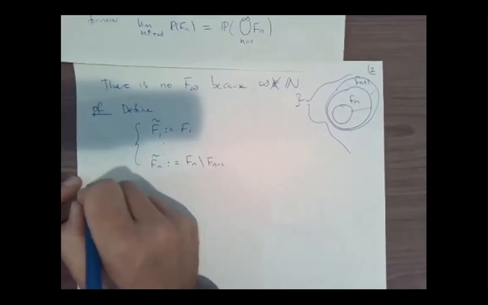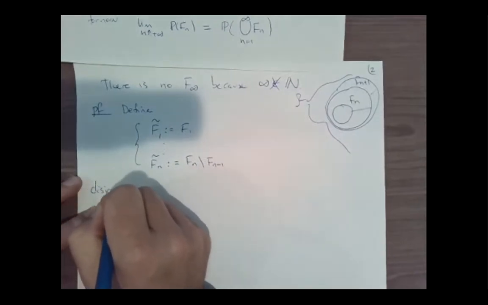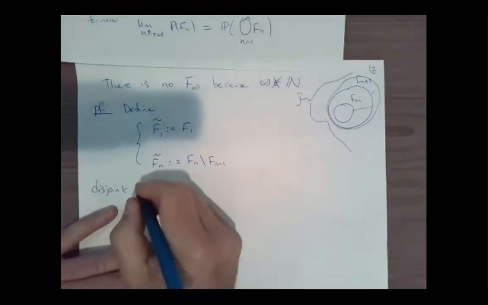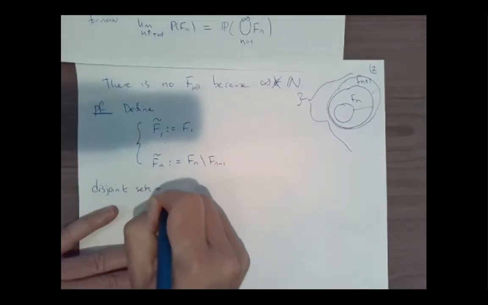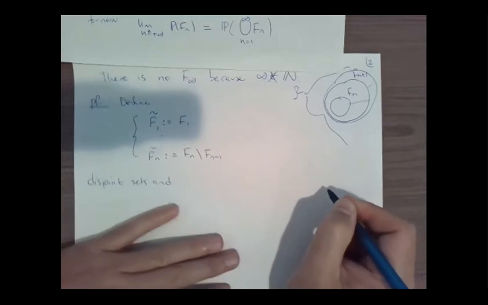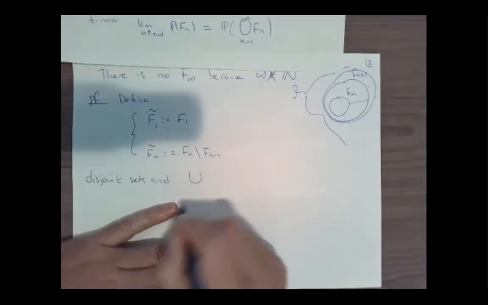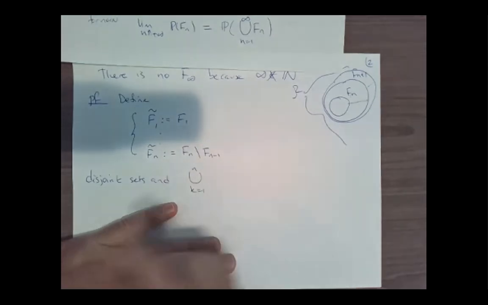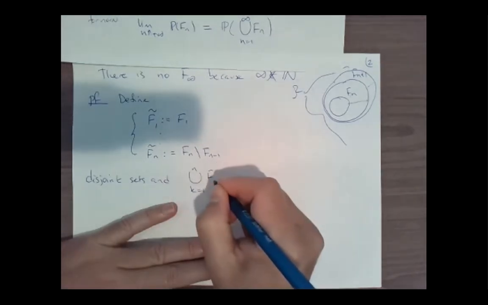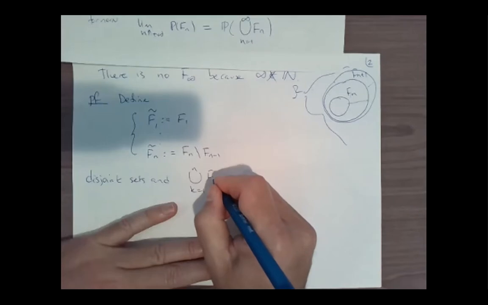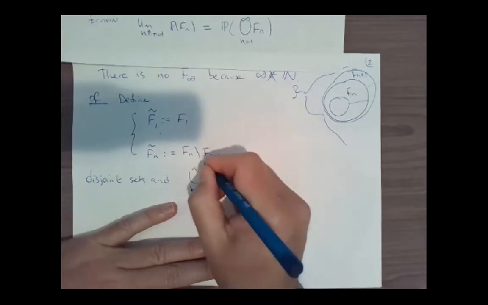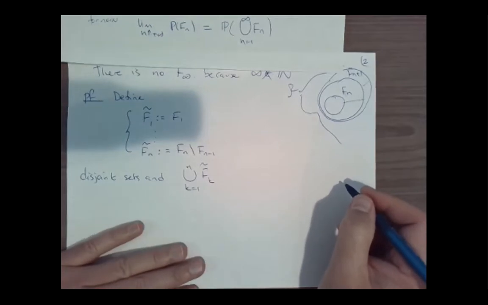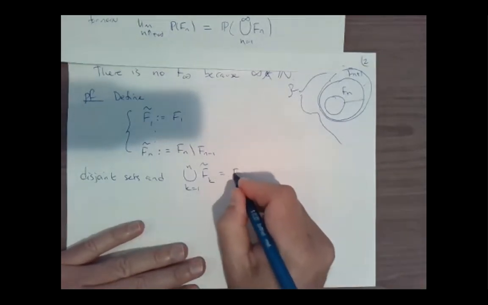These ones here are disjoint. If I'm looking at the union of the tilde ones, I'm just going to get Fn.